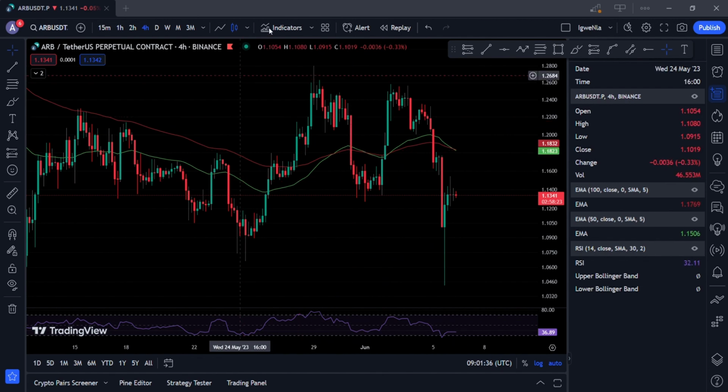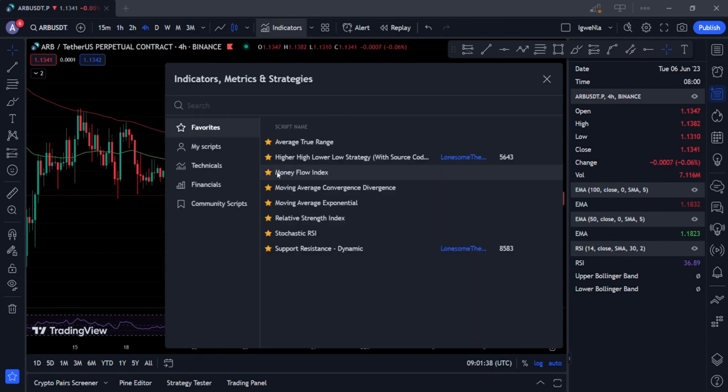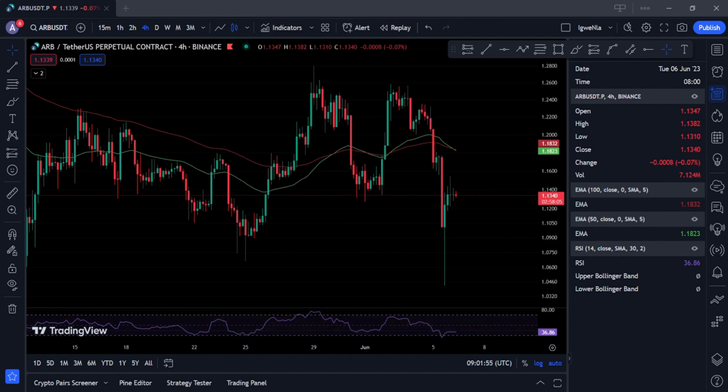The EMA, exponential moving average, you need that a lot. You choose the EMA you want to look at. I'm actually using the 100 EMA and the 50 EMA. Look at it here.